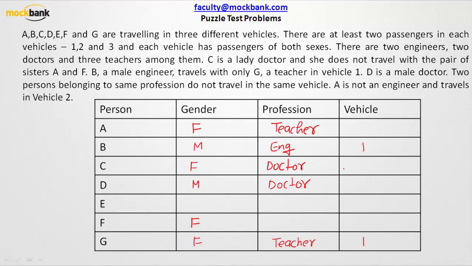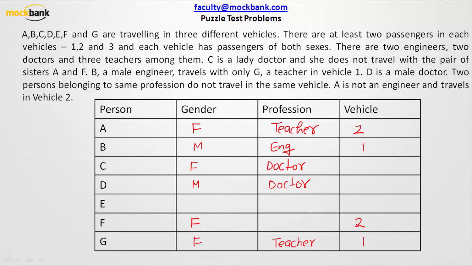A travels in vehicle number 2, and A and F are traveling together, so F is also going to travel in the same vehicle. Now how about the profession of F? F cannot be a doctor for sure, so F can only be a teacher or an engineer.